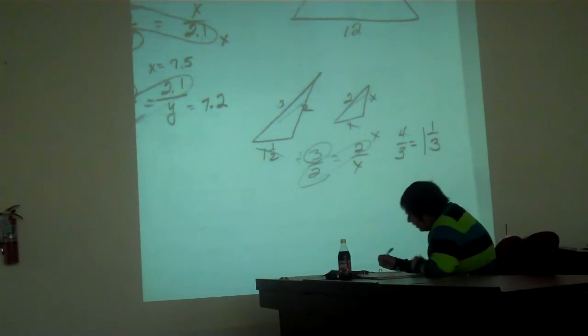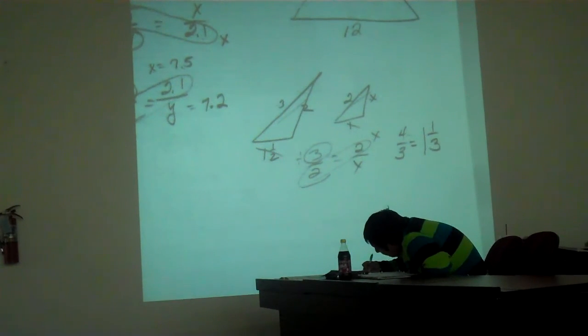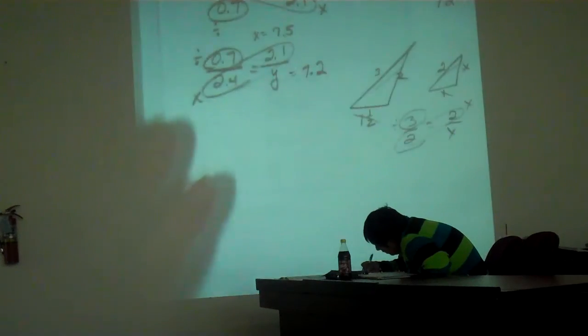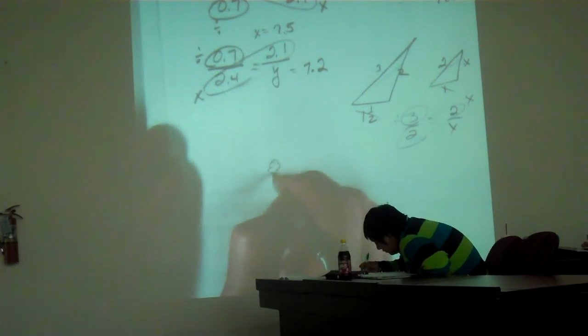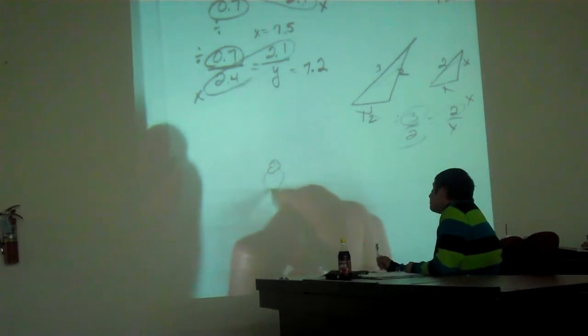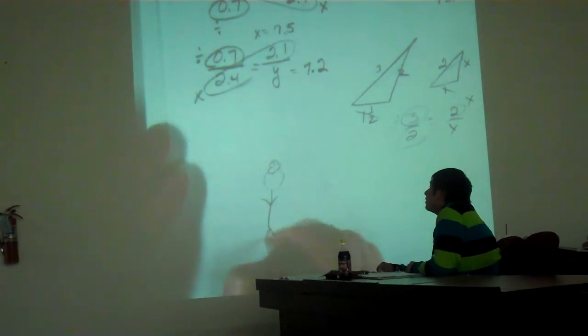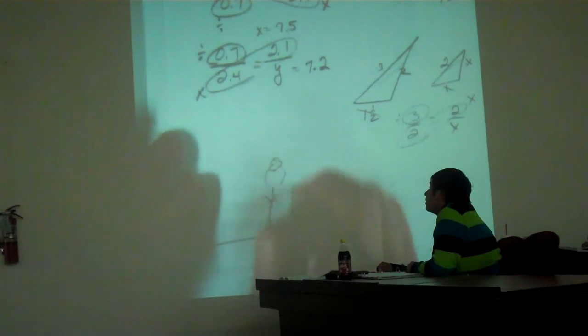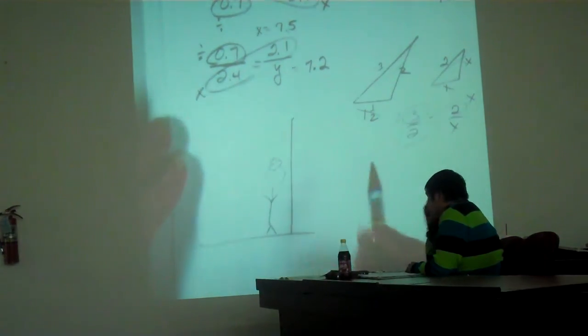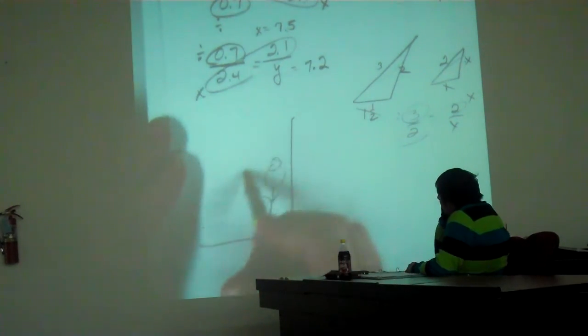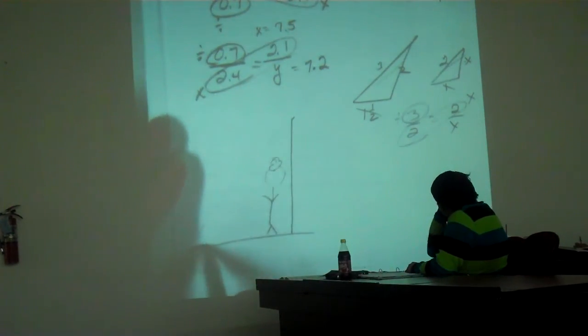Okay. Let's do one where you're like standing by something. Let's say we have a person here, curly hair. They're standing here. Okay, the wall they're standing next to, right here. See the wall is making a shadow that goes all the way over here.